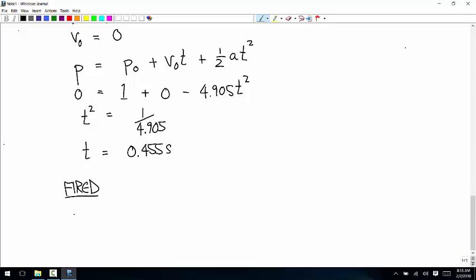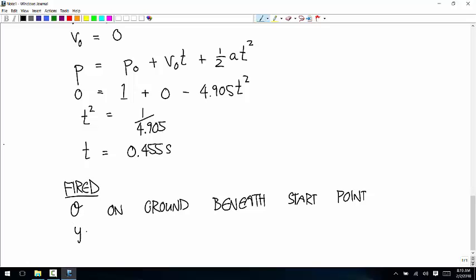Only the y equation is going to matter. And so we'll put the origin on the ground beneath the start point, and we'll put the y-axis up and the x-axis horizontal in the direction of the shot.